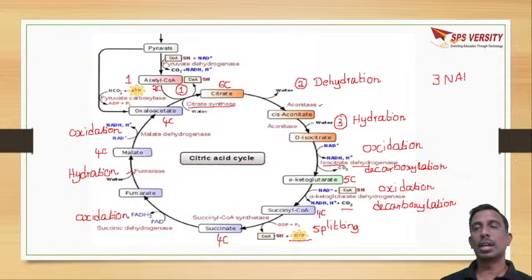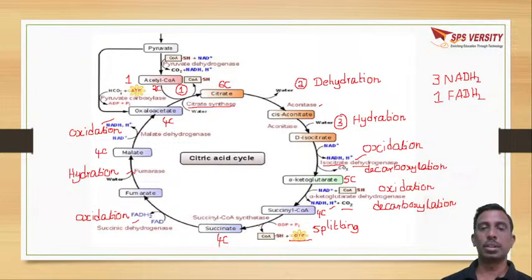If you look into the cycle, देख सकते हैं NADH2 किधर फॉर्म हो गया, इधर एक NADH2, इधर एक NADH2, and in the last reaction एक NADH2. 1 FADH2 between succinate to fumarate, and 1 GTP from succinyl coenzyme A to succinate.